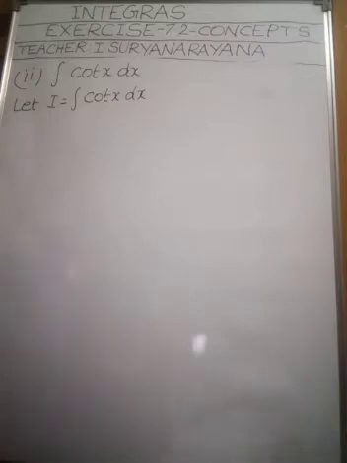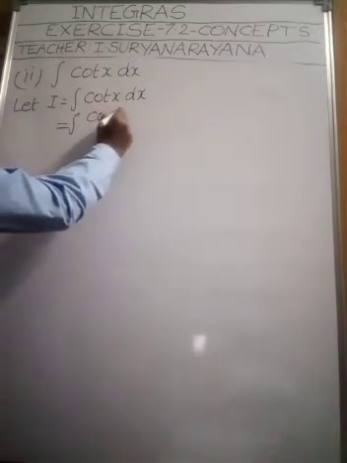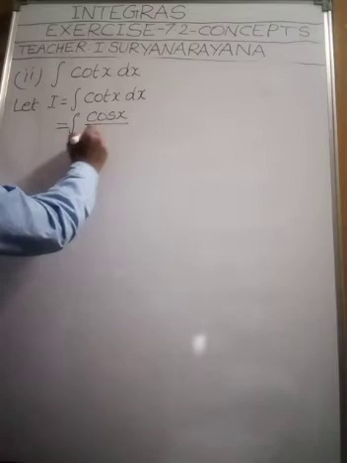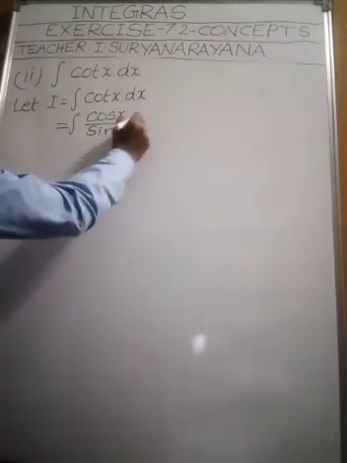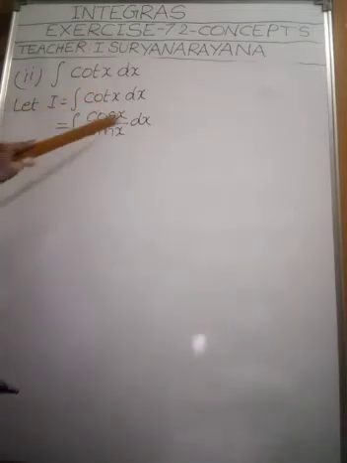This is equal to, cot x can be written as cos x by sin x dx.